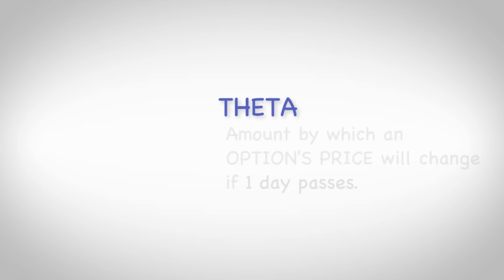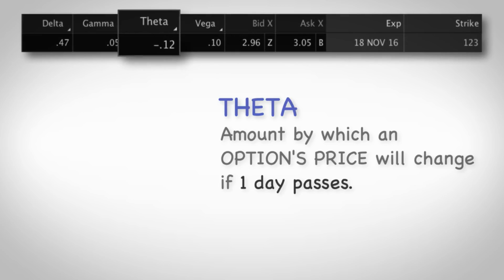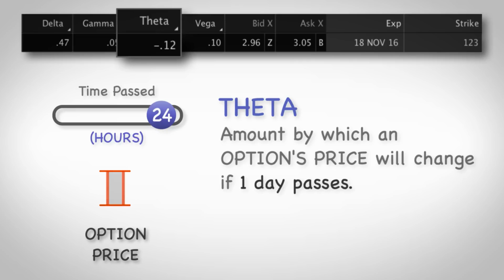Theta is the measure of an option's sensitivity to time. Theta is the amount by which an option's price will change if 1 day passes. So for example, the option you are looking at has a theta of negative 12 cents. So if 1 day goes by, then this option's price will lose 12 cents due to time decay.